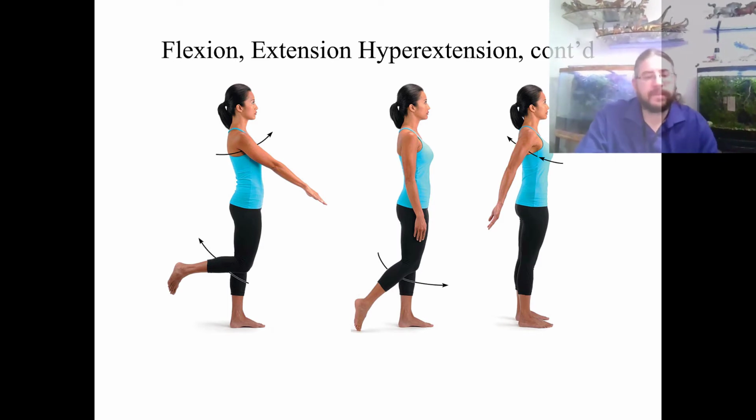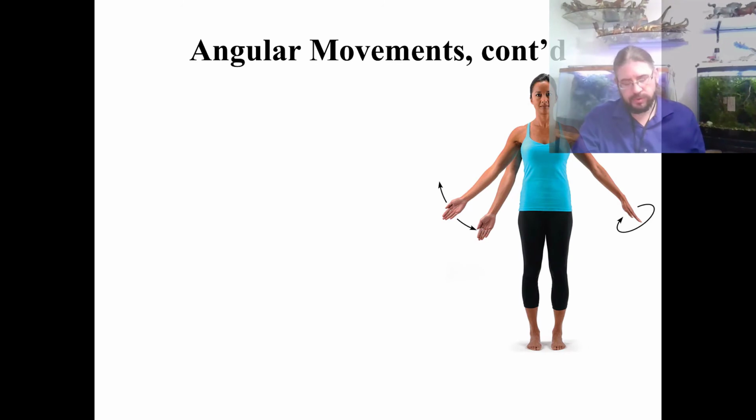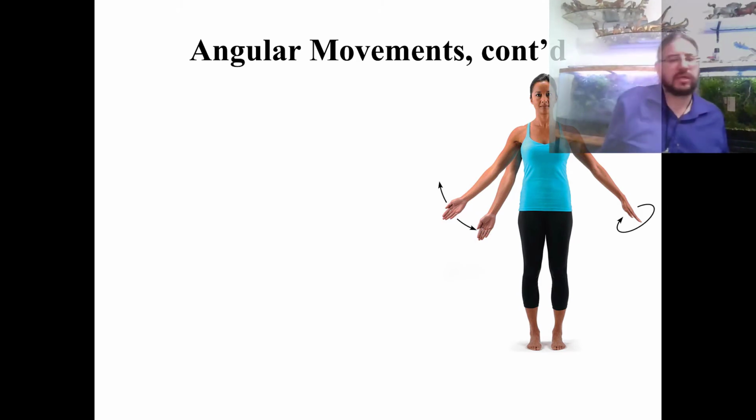Okay. More angular movements beyond flexion, extension, hyperextension. With your ball and socket joints, so your humeral shoulder joint, right here, you can do this.